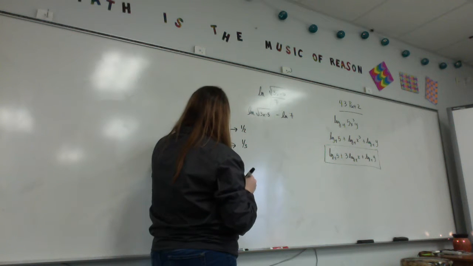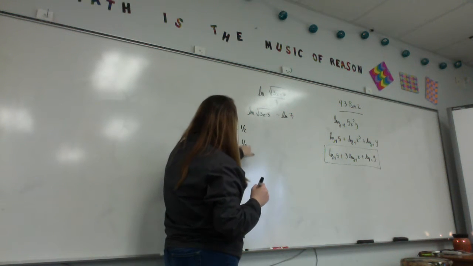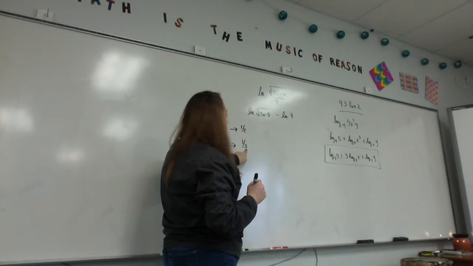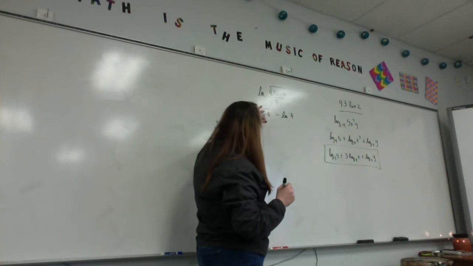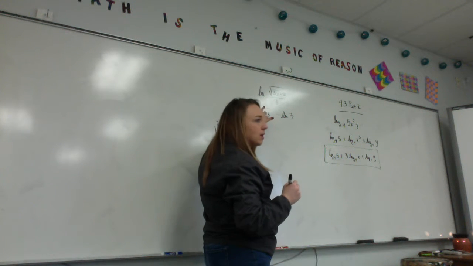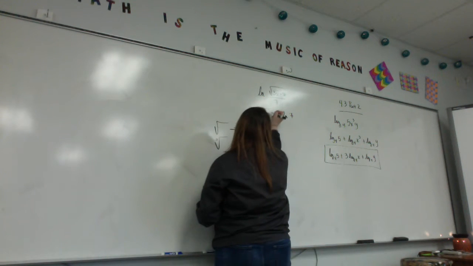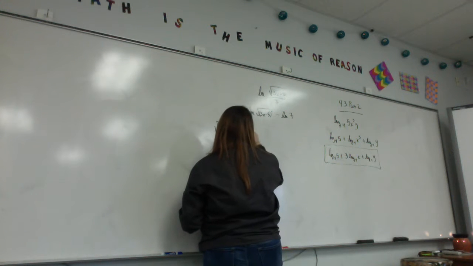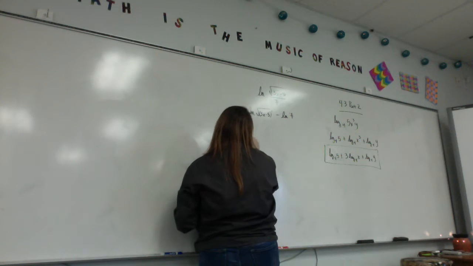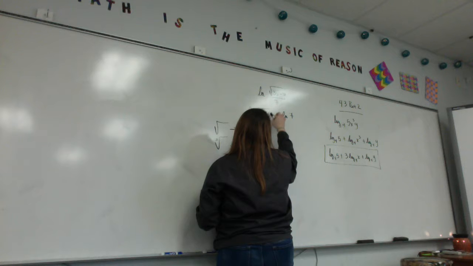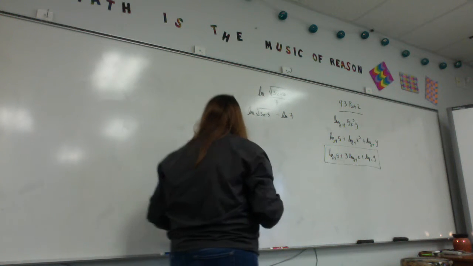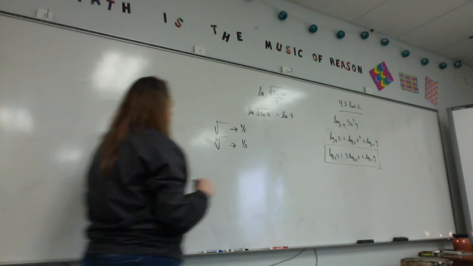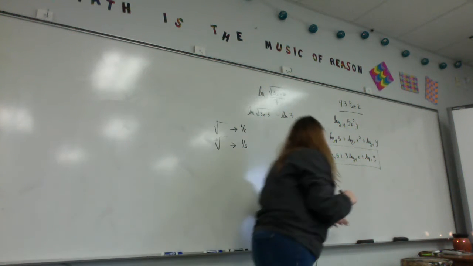Whatever root you are taking is the denominator of the fraction, and whatever power is inside is the numerator. Since there's no power inside here, it's 1. If this were squared on the inside, it would be 2 over 2, or if it was cubed, it would be 3 over 2. So when you have radicals, you have to be able to change them into fractional exponents. That came from last chapter.